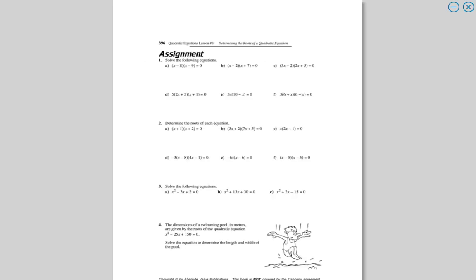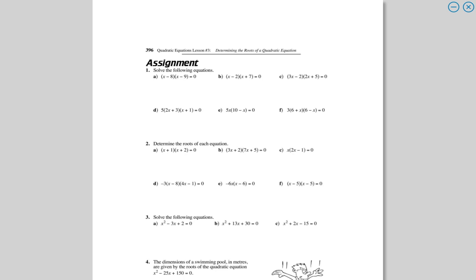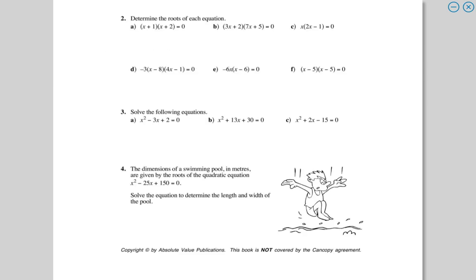Alright, so for the homework, questions 1 and 2, you should be able to whip through those in less than 5 minutes. But question 3, I'll just jot this down for you. Question 3 is inspection. Actually, 3 and 4 are inspection.